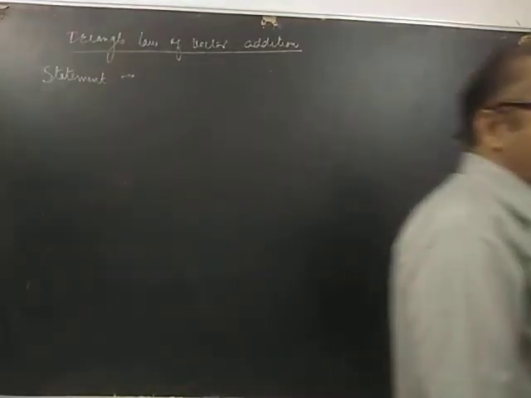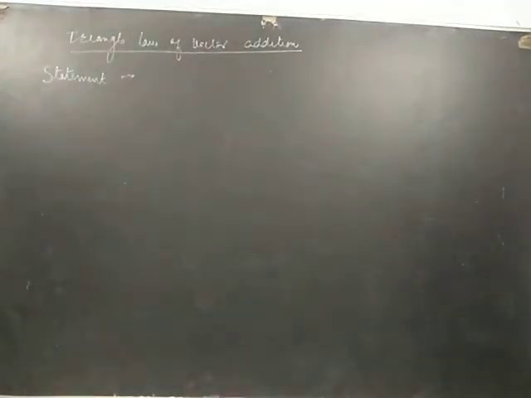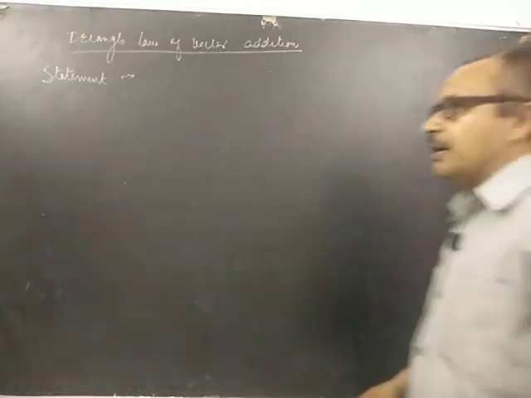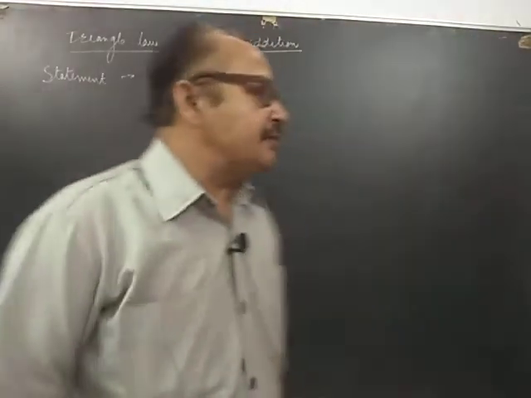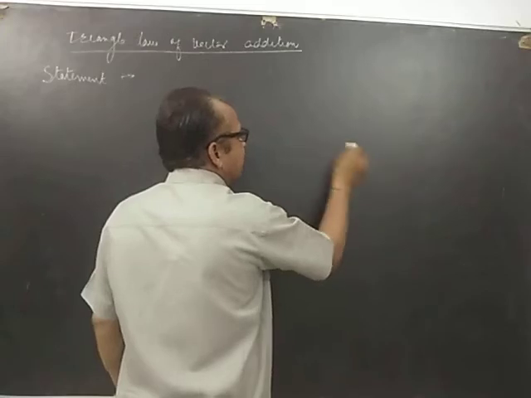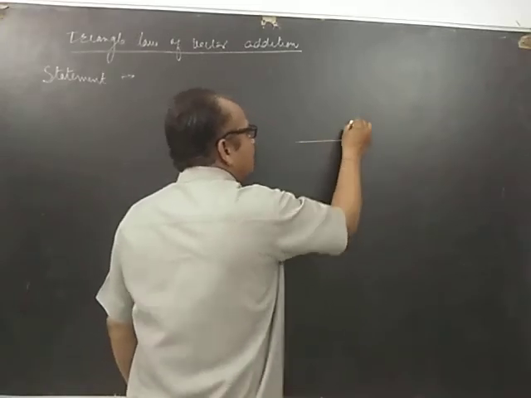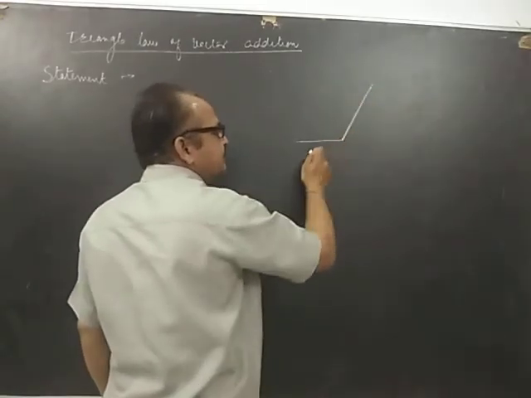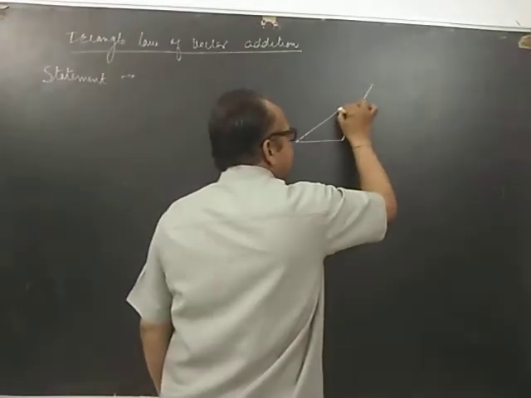Now try to understand, my dear friends, suppose you are having two vectors A and B, and which are represented by, let us say, the two consecutive sides of a triangle.